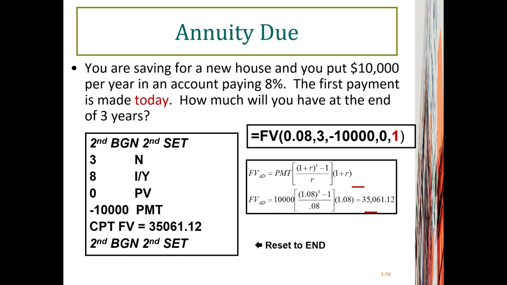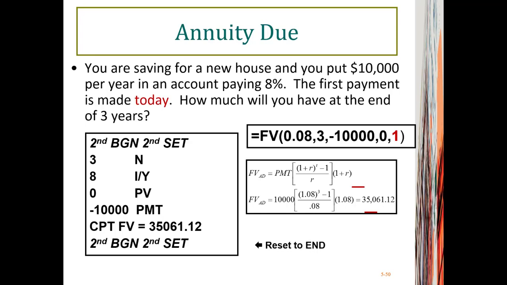Second PMT, second enter. Essentially, you are utilizing the BGN function and the SET function, both the second function for the PMT button and the enter button. Once you do second PMT, second enter, your calculator will show BGN. BGN means beginning mode.